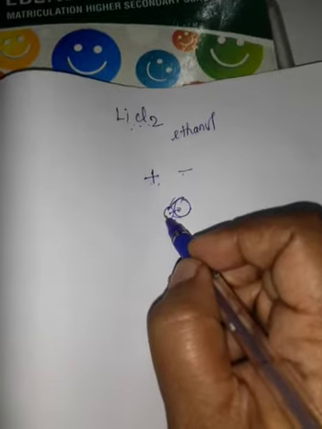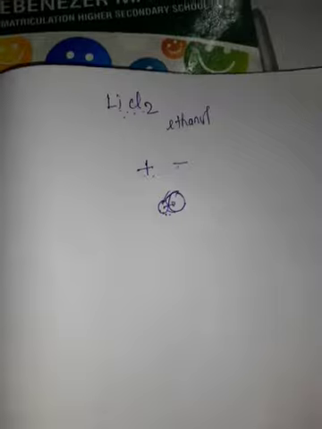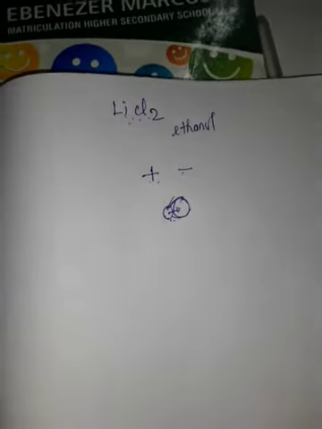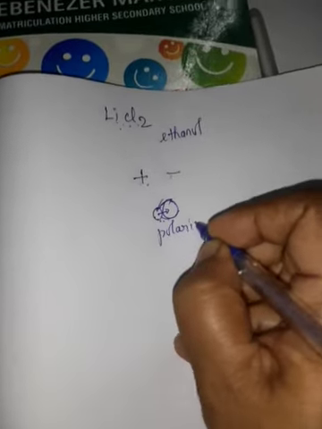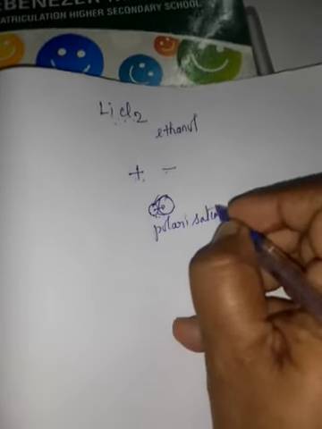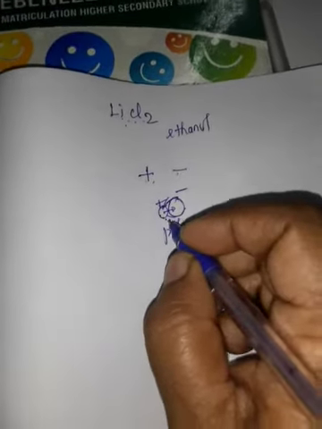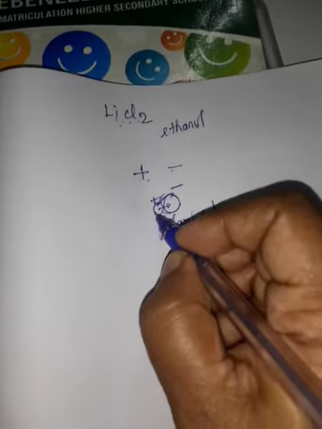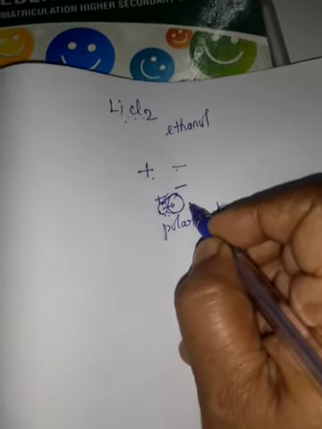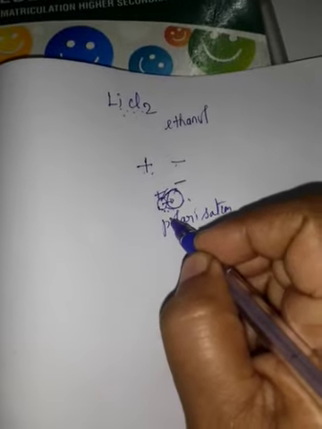So the shape gets distorted. That process is called polarization. So, a cation and an anion. Listen carefully: the cation has the ability to polarize an anion, because the cation pulls the anion towards itself.